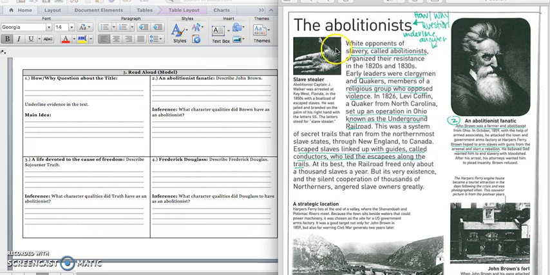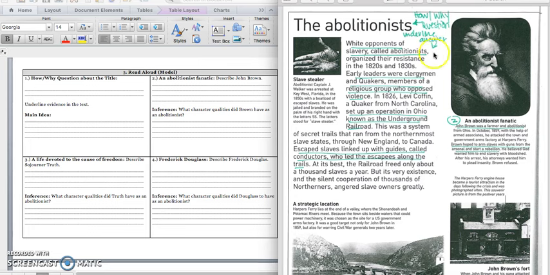And we are going to start at the top of the page and read the whole paragraph. As we're reading, we want to underline our answer to the question, which is going to help us form our main idea. I'm at the top of the paragraph. White opponents of slavery, called abolitionists, organized their resistance in the 1820s and 1830s.